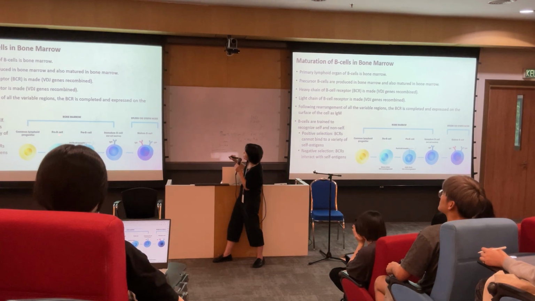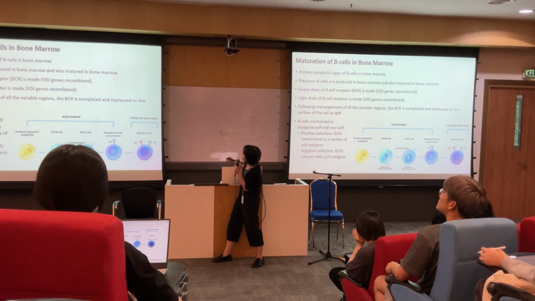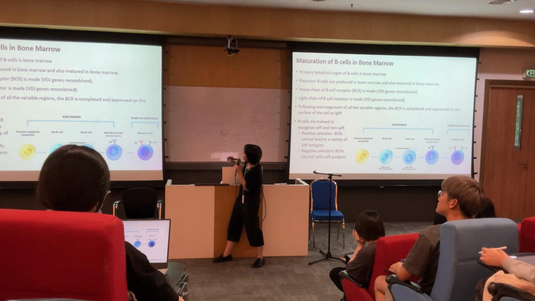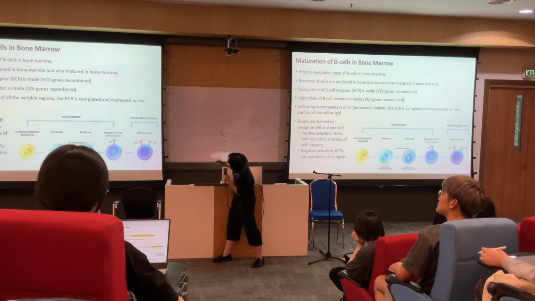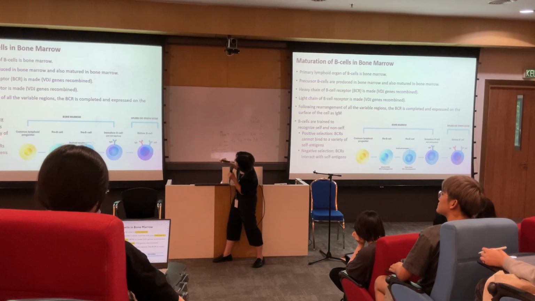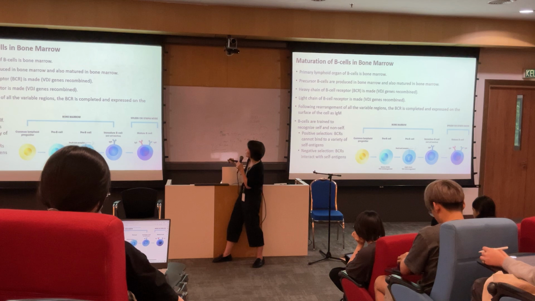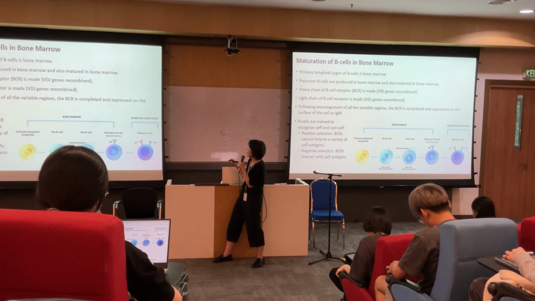Here, importantly, they are also undergoing some training. They have been trained to recognize self and non-self. They are also told the same thing, that the B cell receptor cannot bind to their self-antigens. If they do not bind to the self-antigen, then they proceed and they become mature.